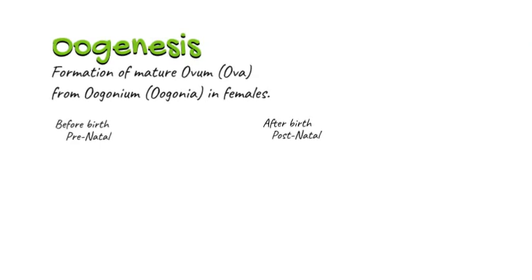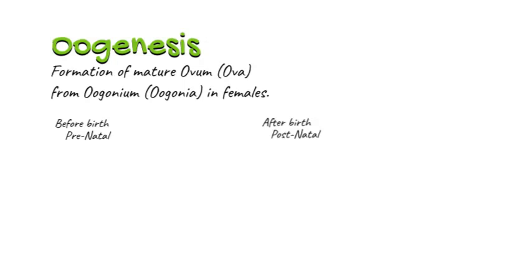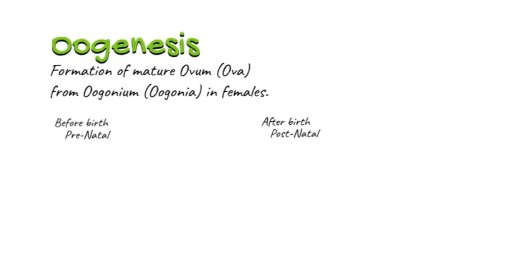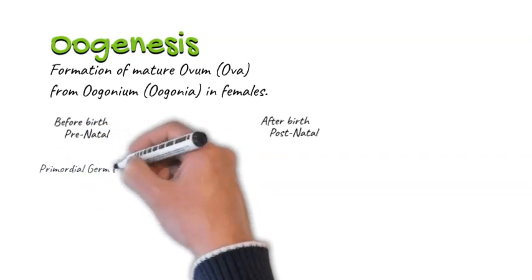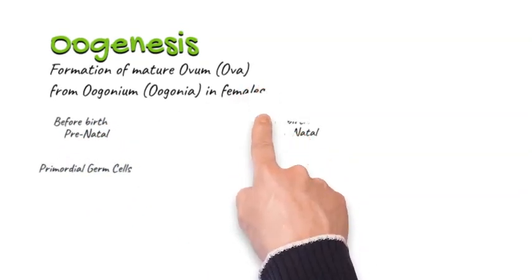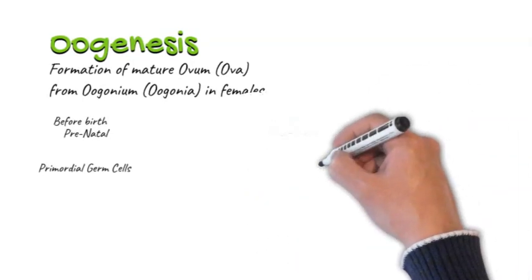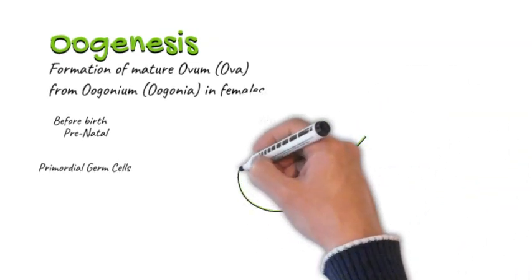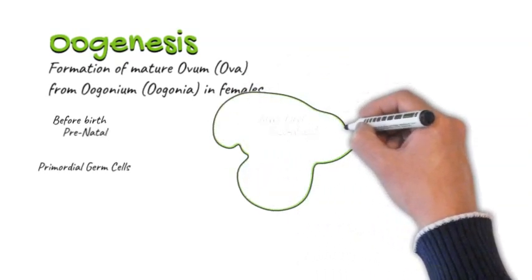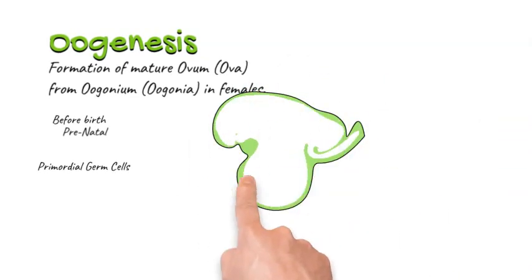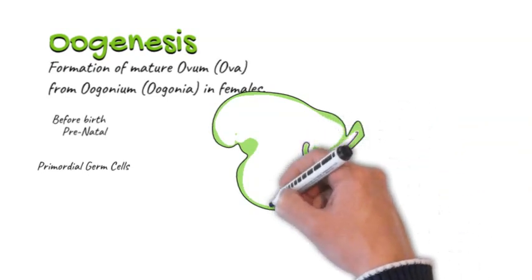As you were developing, some of your most primitive cells, which are going to be germ cells, we call them primordial germ cells. Primordial germ cells appear in something called the yolk sac.